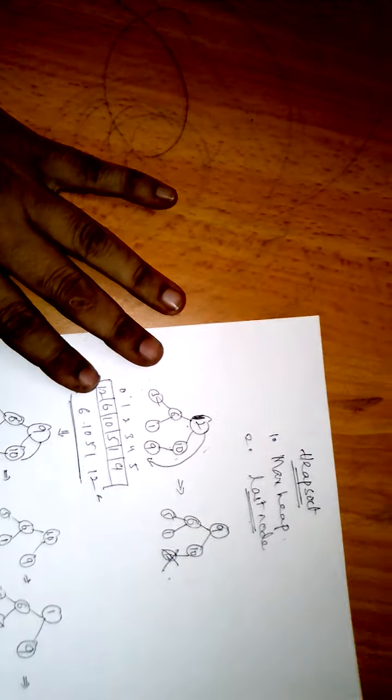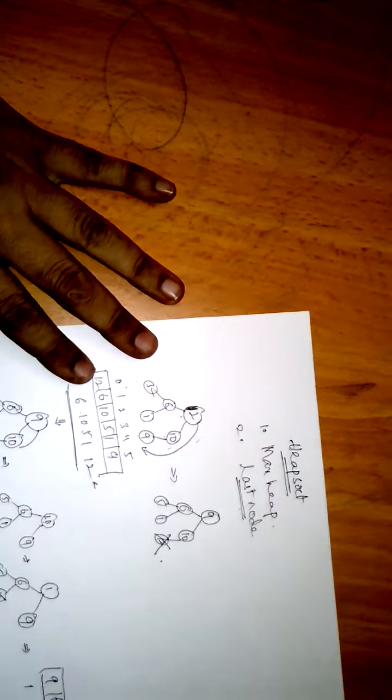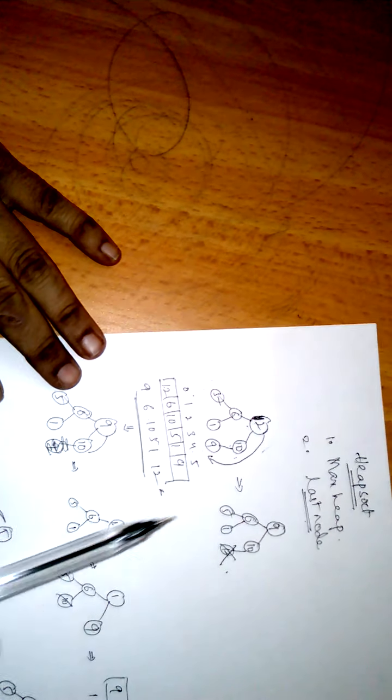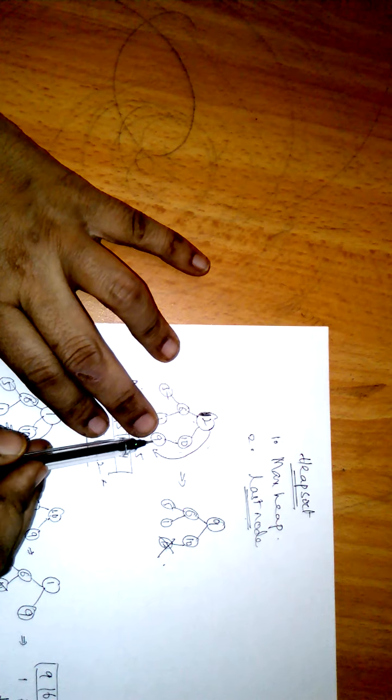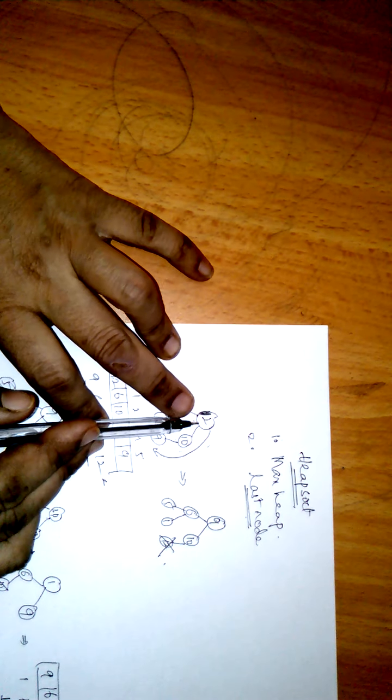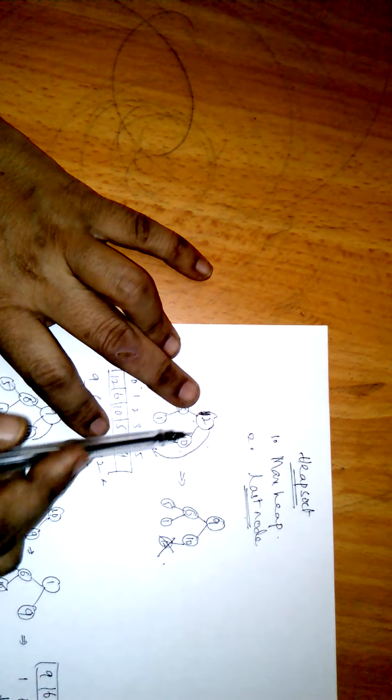Now the first step is true, it is a max heap tree. Now what is the last node here? 9 is the last node. Now you compare this with the root, the maximum element.